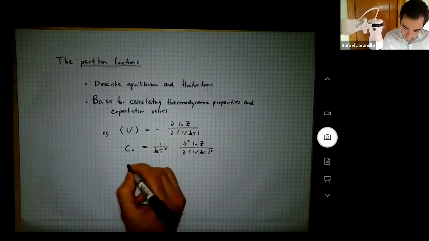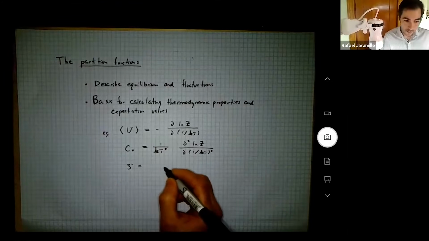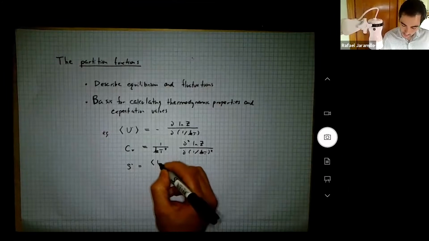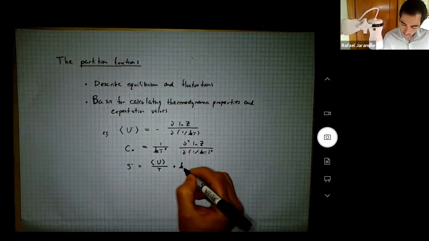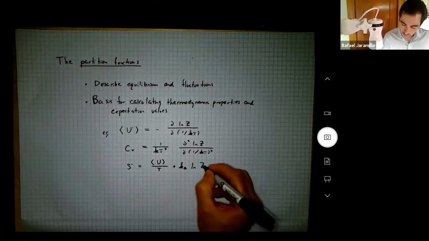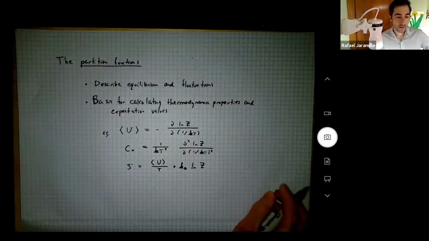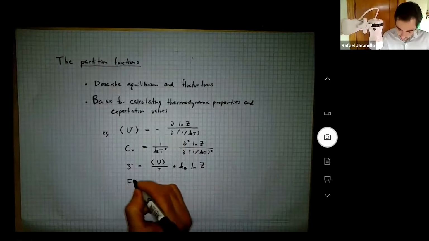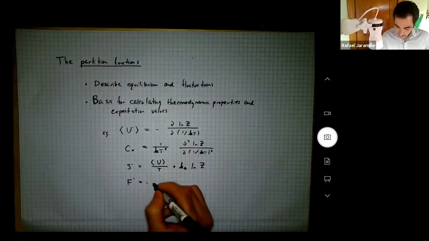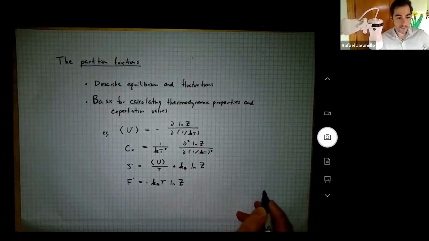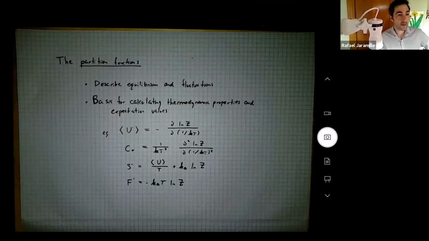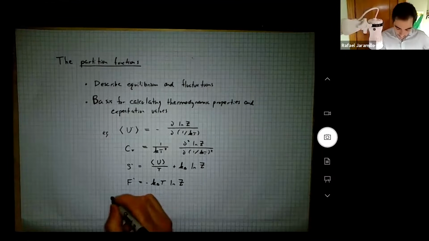The entropy of a system can be shown to be mean energy divided by temperature plus kB log Z. The Helmholtz free energy of a system is minus kBT log Z. And it's not just equilibrium properties, it's properties of fluctuations.